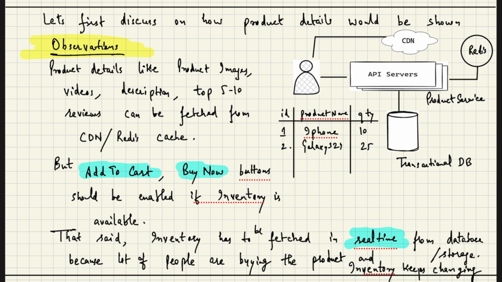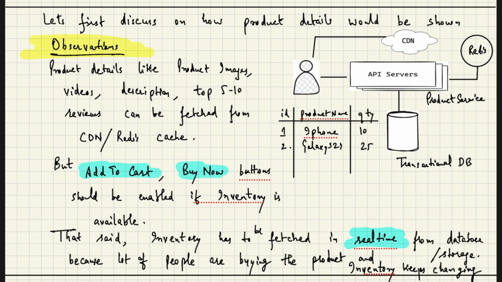For example, in this case the iPhone quantity is 10, but the buyers could be 500 or so, right? So we have to ensure that the add to cart and buy now buttons also reflect in real time, and also make the data consistent with respect to inventory, right?